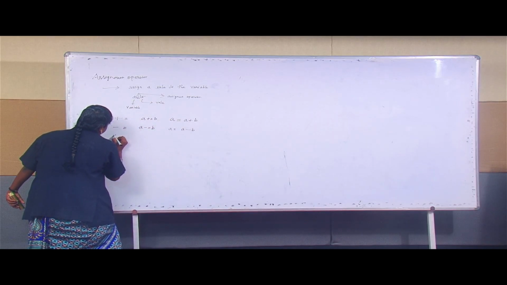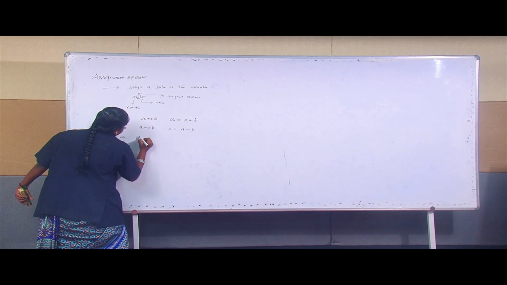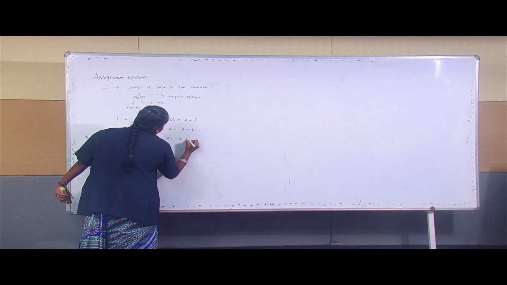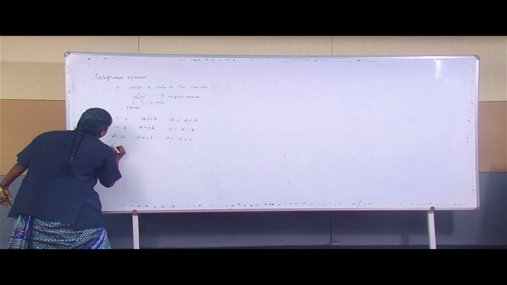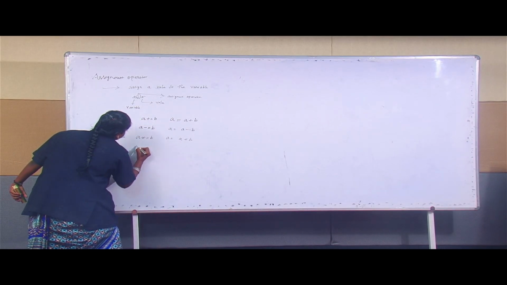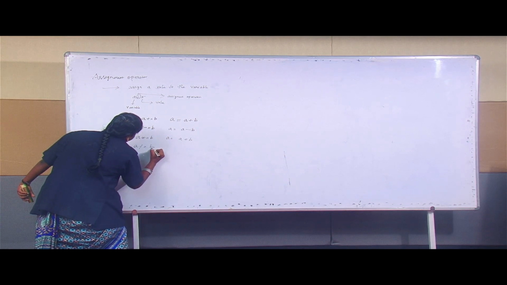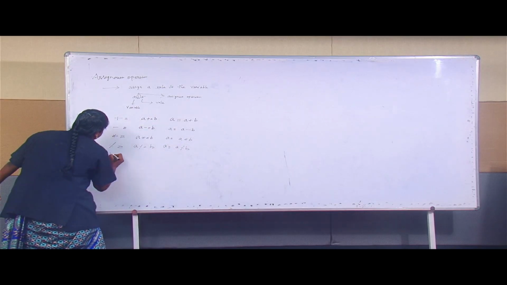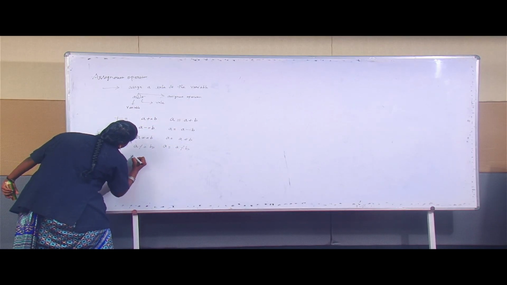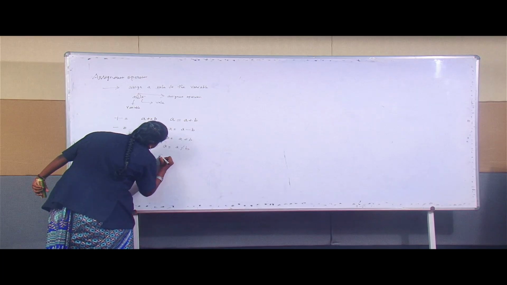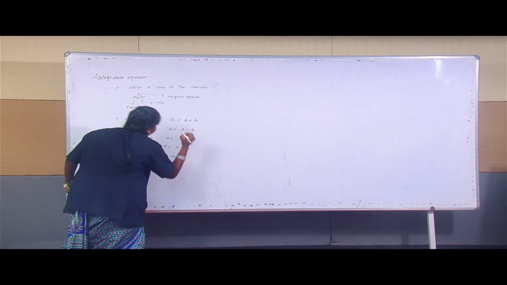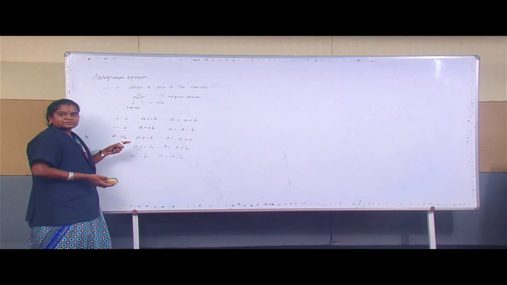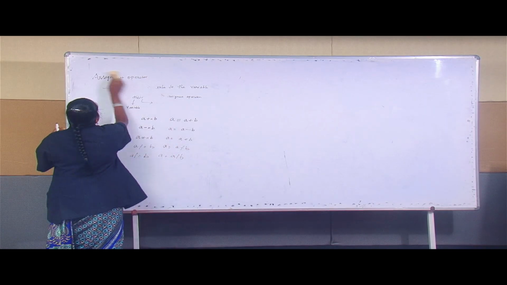Then as usual, star equal to: a star equal to b means you can write a is equal to a star b. Then modulus equal to: a modulus equal to b, a equal to a modulus b. Then slash equal to: a slash equal to b, a equal to a slash b. So, this is the assignment operator. The assignment operator is used to assign a value to the variables.